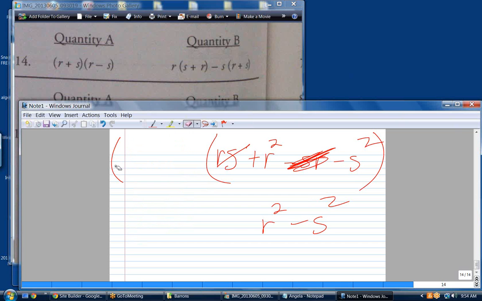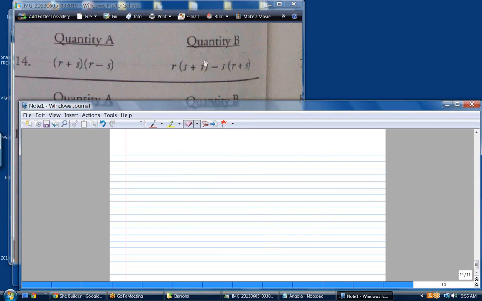There is an interesting principle here that was far more important on the SAT problem that I did, where if I said simplify this by factoring, what could you factor out?